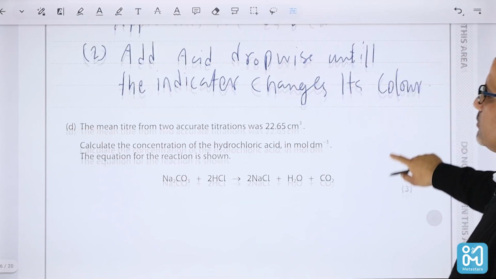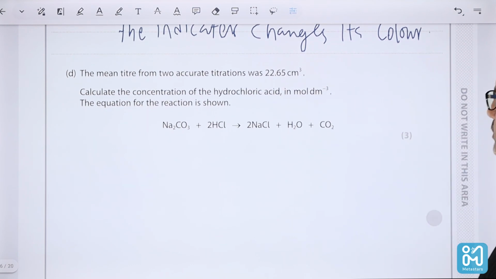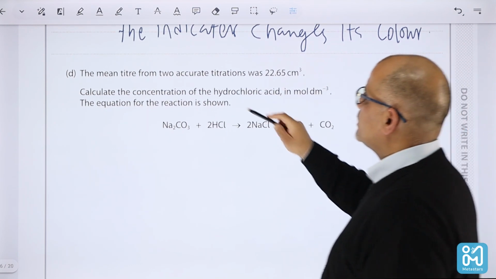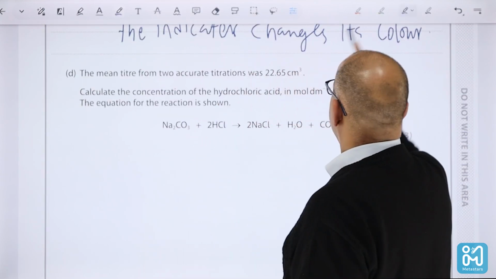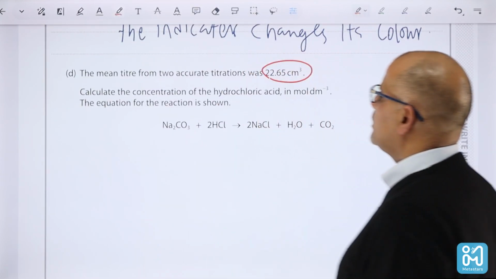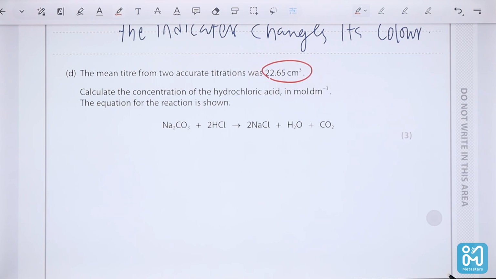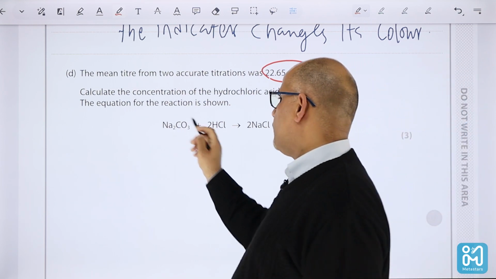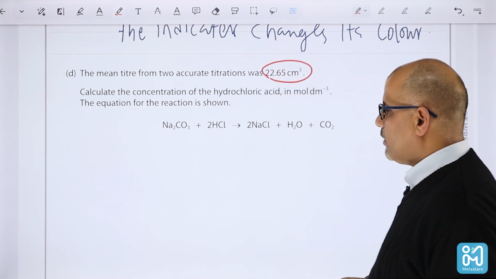The mean titer from the accurate titration was 22.65. So that's the mean titer. Calculate the concentration of hydrochloric acid in mole per cubic decimeter. First of all, you can start with the number of moles of the carbonate, and here you have the volume.